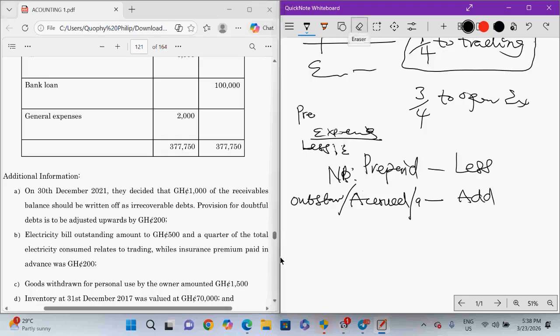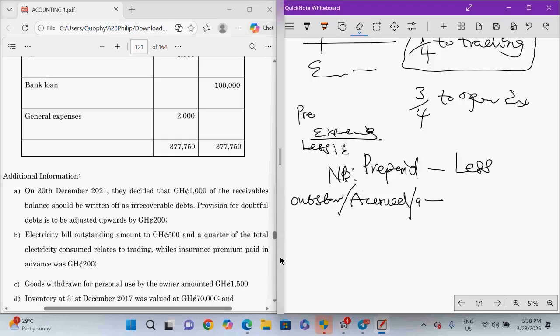Let me add the synonyms so that when you go, you don't see a synonym and say, oh, but it didn't say this one. Accrued, outstanding, arrears. What else? Owings. When it's owings, we add. But once it's a prepaid, we deduct.